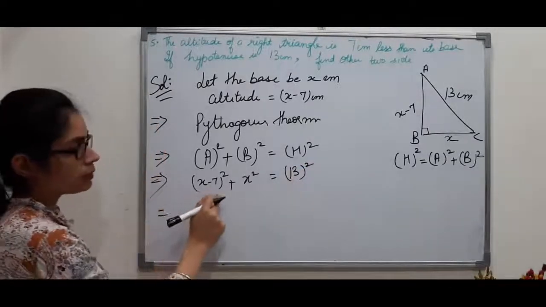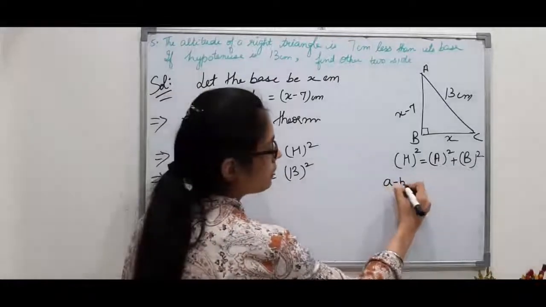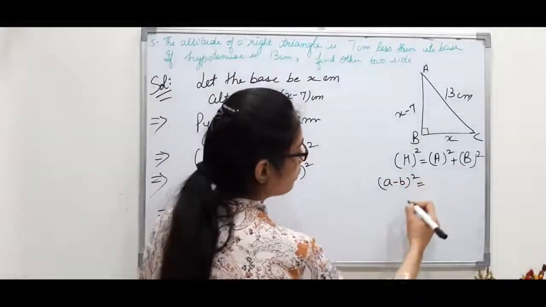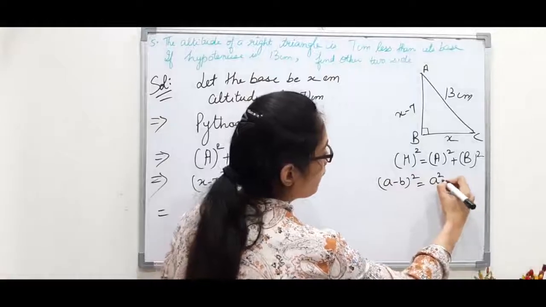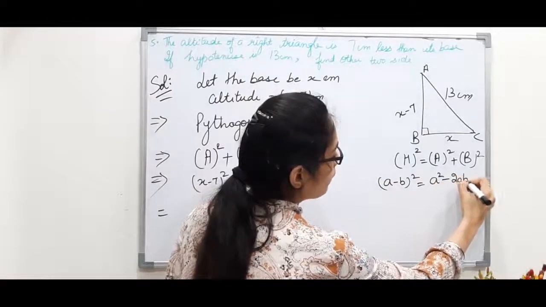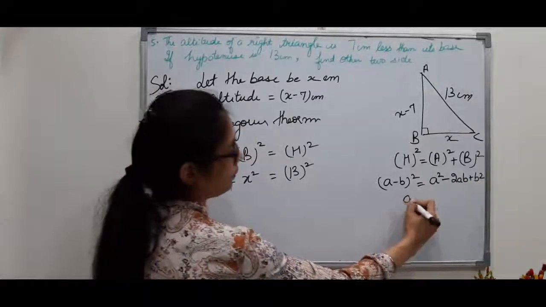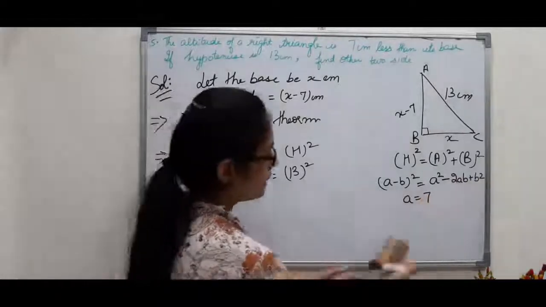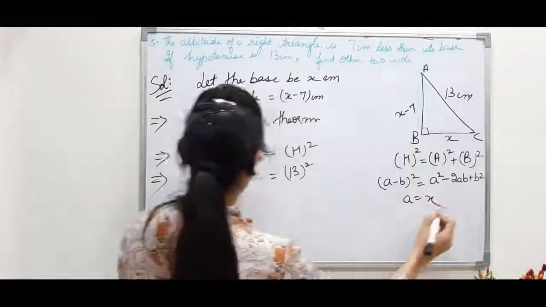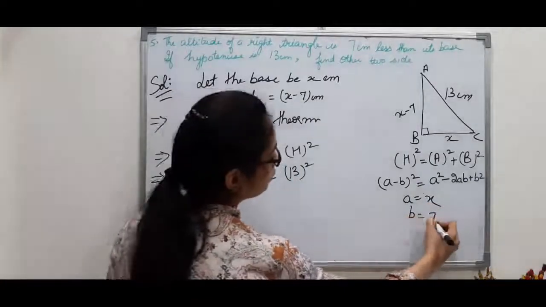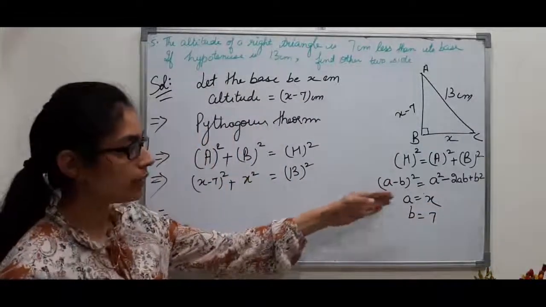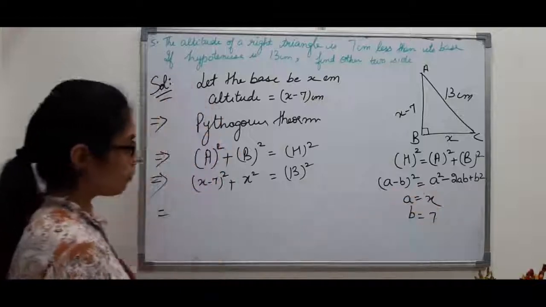So (a minus b) whole square, the formula is a square minus 2ab plus b square. So here a is x and b is 7. So I will just substitute the values of a and b in this formula.